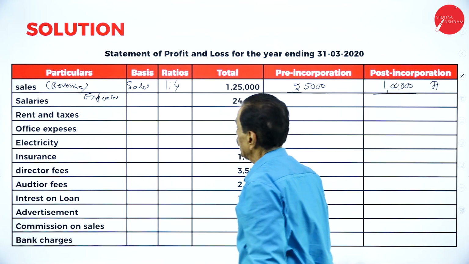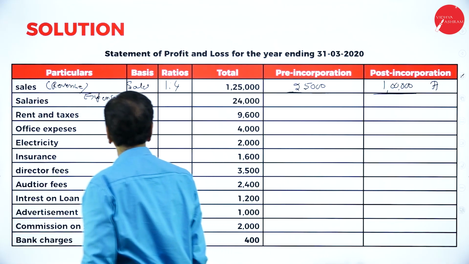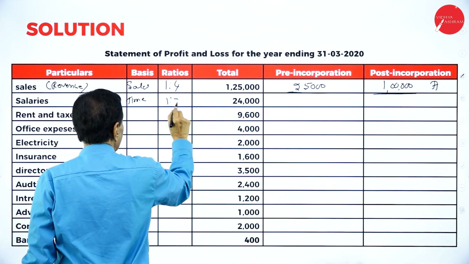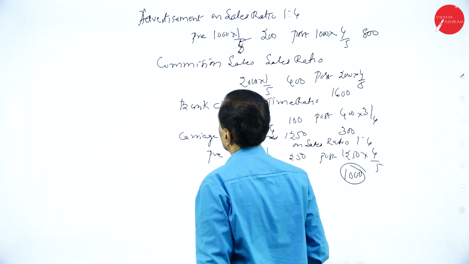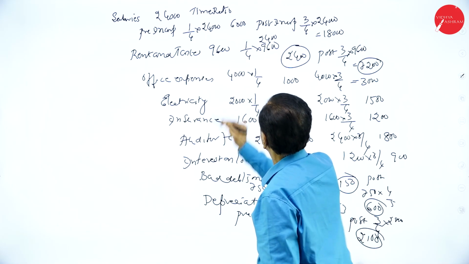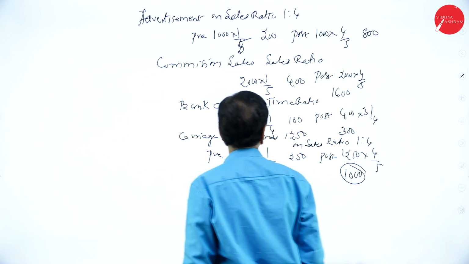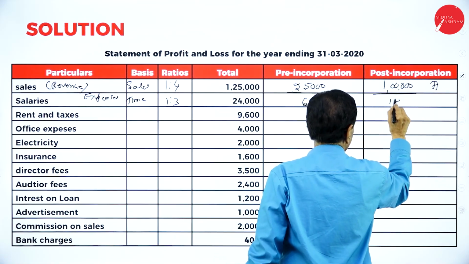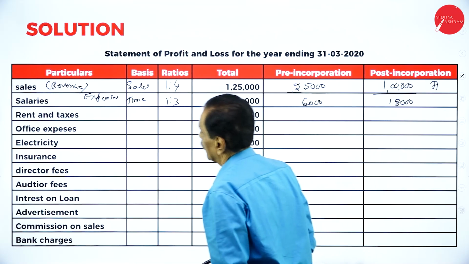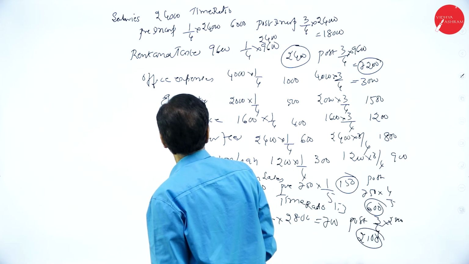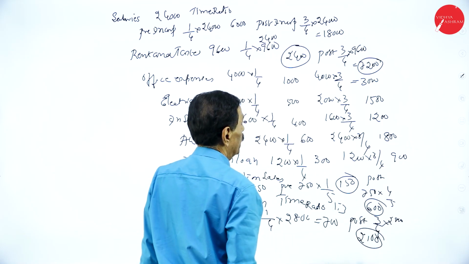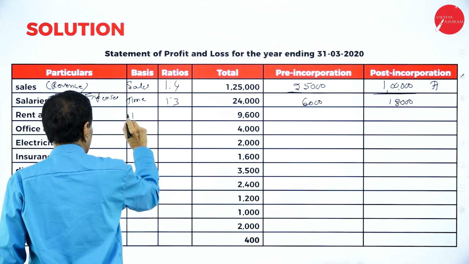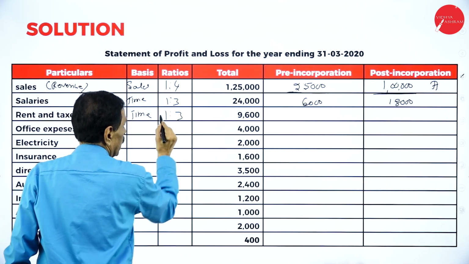Now, expenses, salary is 24,000 based on time ratio 1:3. You have divided. First one, salary 6,000, 18,000. Then you have rent and taxes 2,400, 7,200, time ratio 1:3.